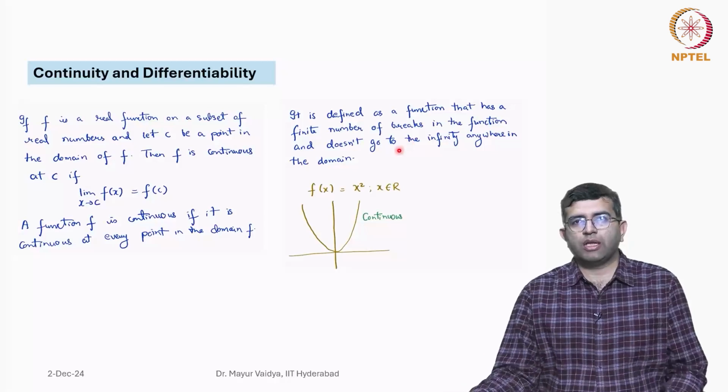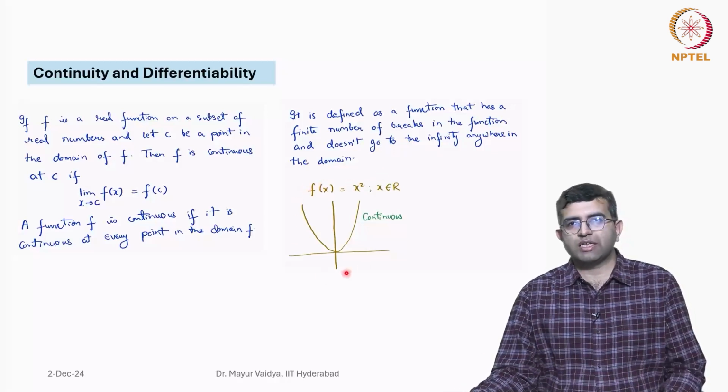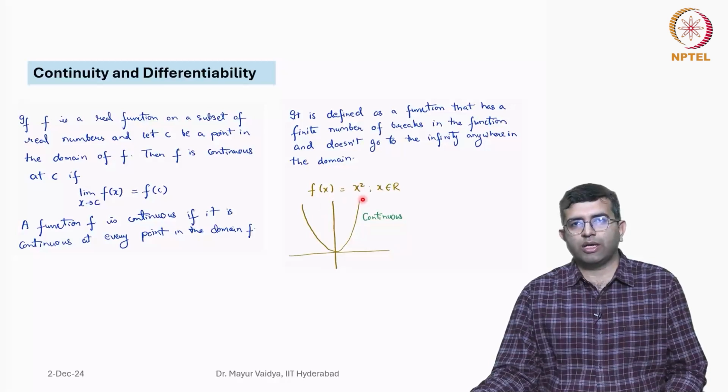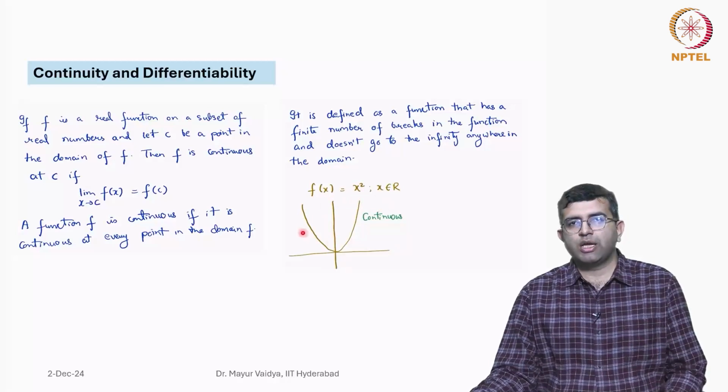For example, this is a continuous function: f of x equal to x square for all real numbers. If you draw the graph of this, it is like a parabola, so this is a continuous function.